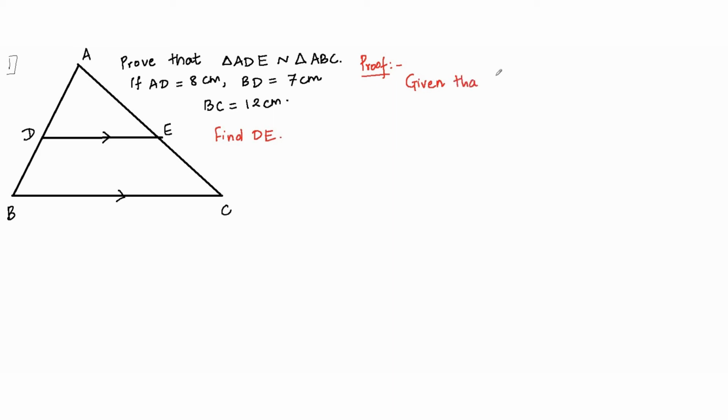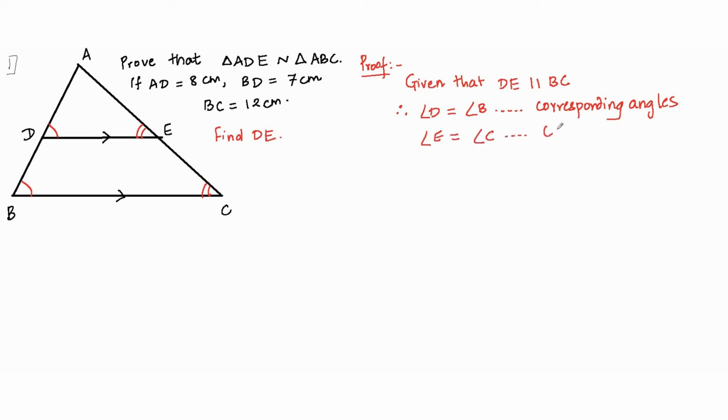Given that DE is parallel to BC, therefore I can say that because of corresponding angles, angle D should be equal to angle B. And similarly, angle E should also be equal to angle C, again because of corresponding angles.